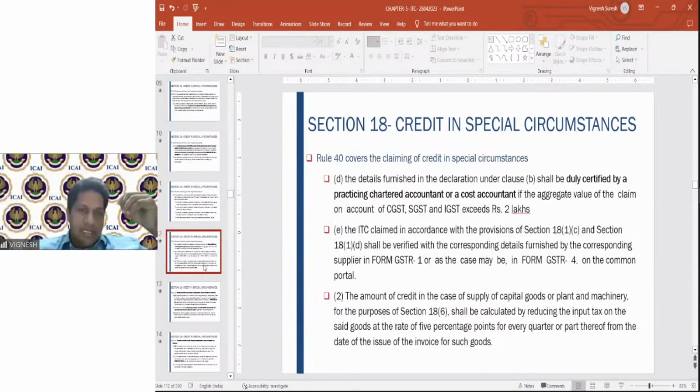In that, you will say that the following are my inputs on which I'm claiming the credit. So if the aggregate value of the total claim is more than 2 lakhs, the declaration has to be certified by a practicing chartered accountant or a cost accountant. Okay, I hope that is also clear. Sriram, understood? Very good.